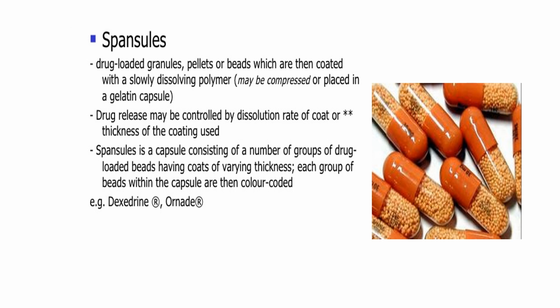So spansules are drug-loaded granules or pellets or beads which are then coated with a slow dissolving polymer, or may be compressed or placed inside a gelatin capsule. Now, the drug release may be controlled by the dissolution rate of the coat. Coat means the outer capsule, and this also contains a number of groups of drug-loaded beads having coats of varying thickness. Each group within the capsule is then color-coded.